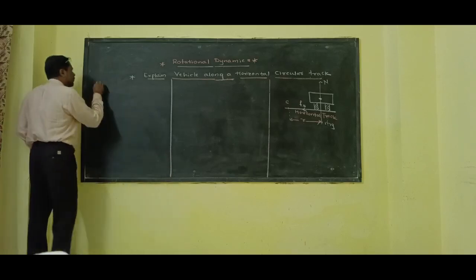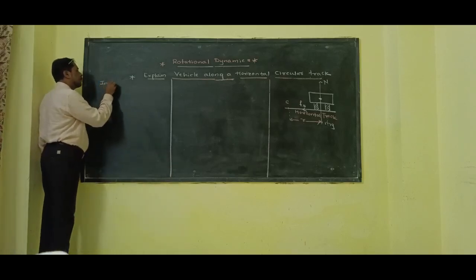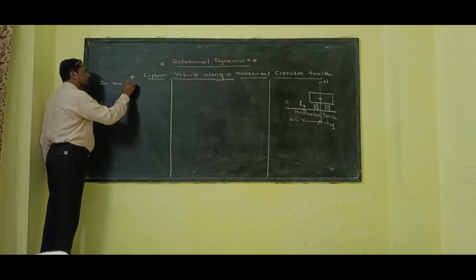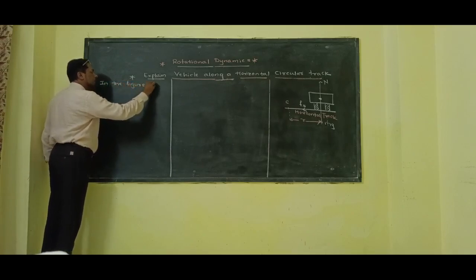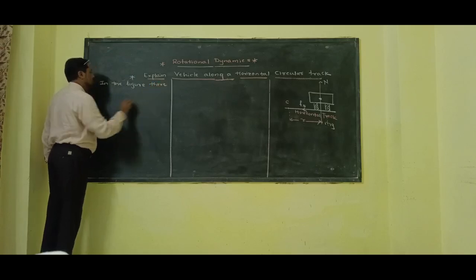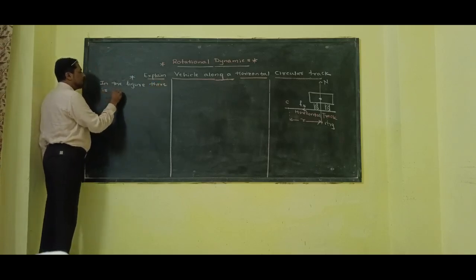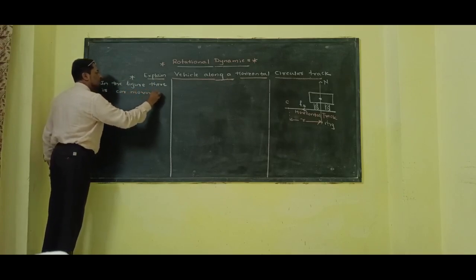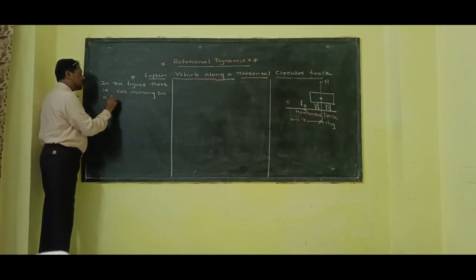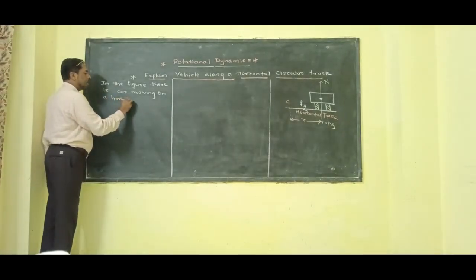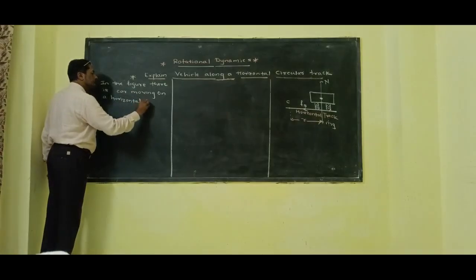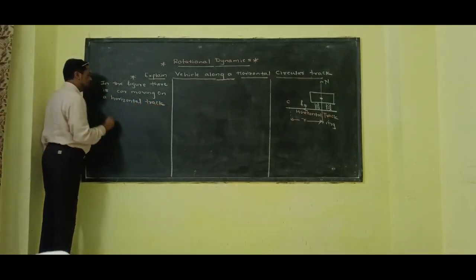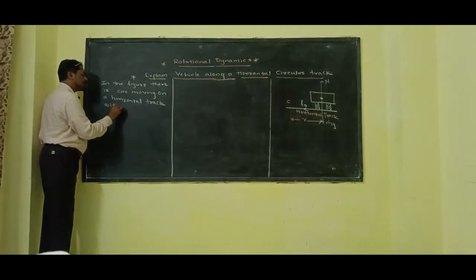In the figure, there is a car moving on a horizontal track with a radius r.